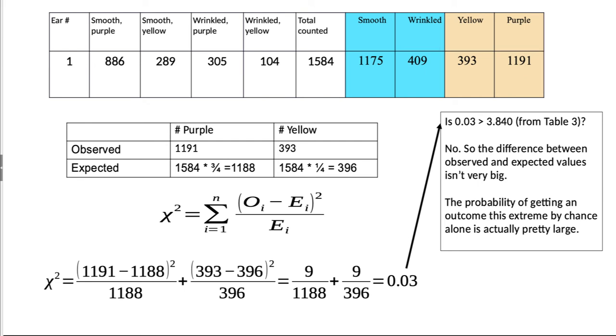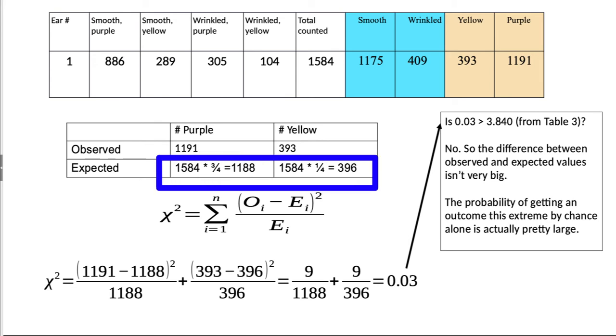Well, to calculate the number that we expect to see, we would have to take the total that we counted, that 1,584, and multiply it by 3/4. And this is based on a Punnett square. Okay, so we expect 3/4 to be purple and 1/4 to be yellow. So we would multiply 1,584 by 1/4 to get the expected number of yellows.